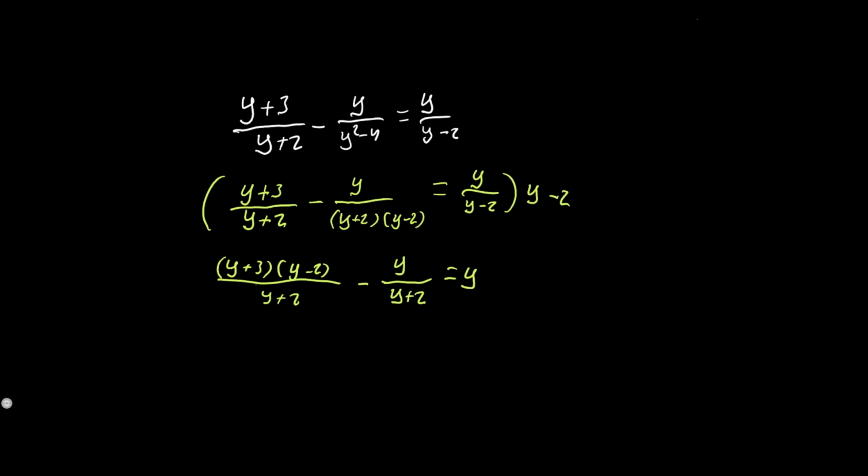Now we're going to multiply the top part of the fraction. So we have a numerator where we have y squared plus y, since 3 minus 2 is 1, minus 6 divided by y plus 2, minus y plus y divided by y plus 2, and that equals y.